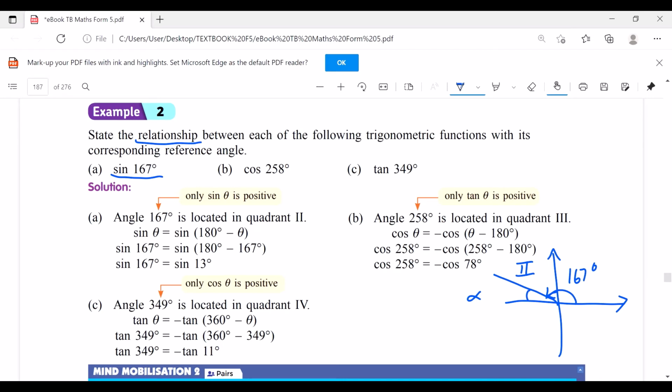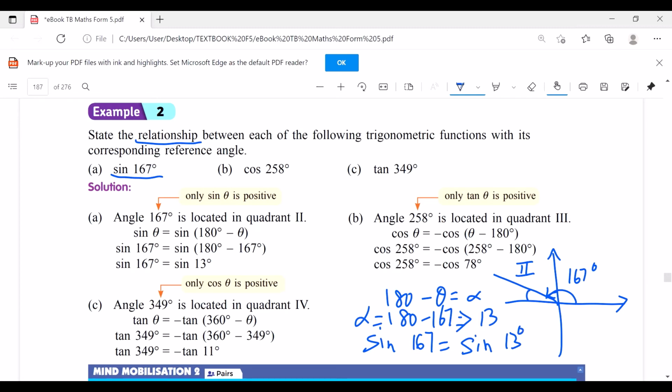How to find alpha? 180 minus theta will be your alpha. So your alpha will be 180 minus 167. So your alpha will be 13. Yeah, 13. So your sin 167 is actually sin 13 degrees.